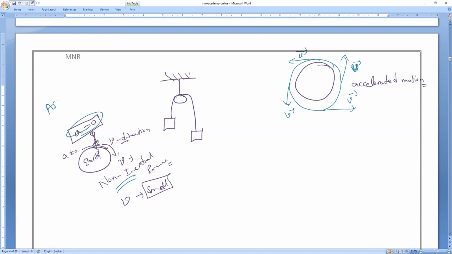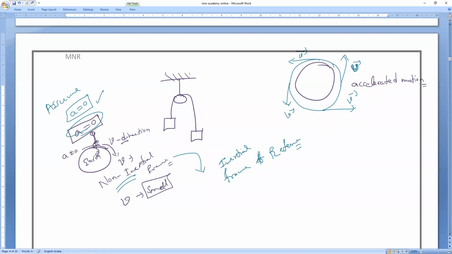But we'll assume that the acceleration of the earth is zero, so we will consider it as an inertial frame of reference. Clear, everyone?